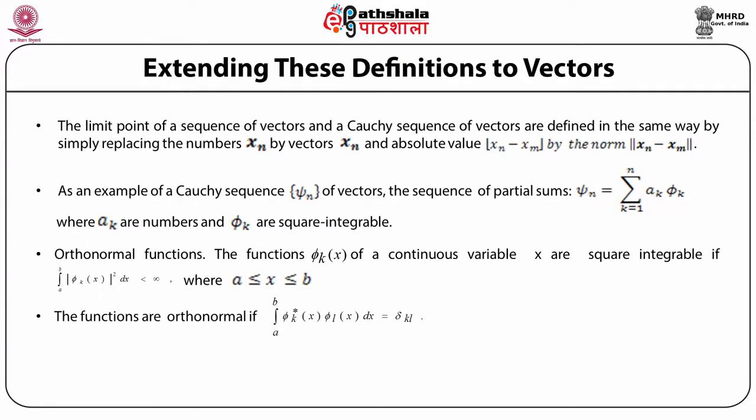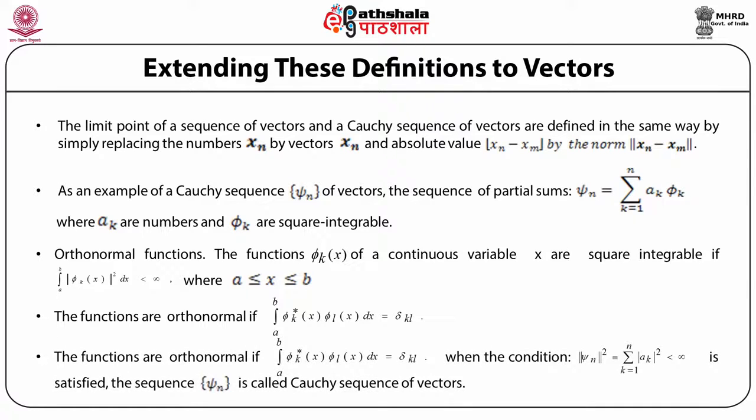The functions are orthonormal if the integral with limits from a to b of phi k star(x) phi l(x) dx is equal to delta kl, where delta kl is equal to 1 if k is equal to l, and delta kl is equal to 0 if k is not equal to l. The functions are thus said to be orthonormal if the above condition is satisfied.